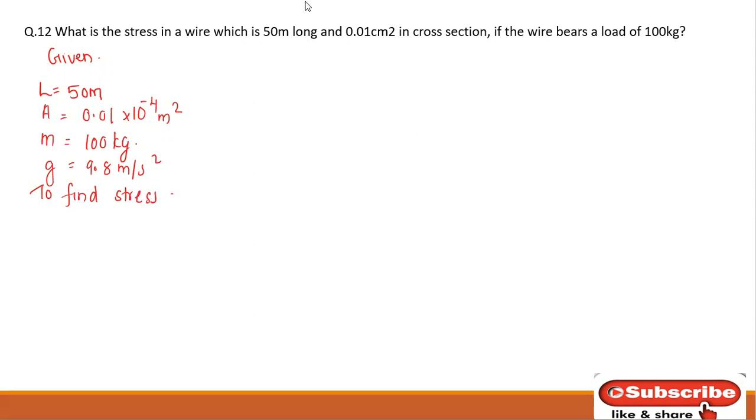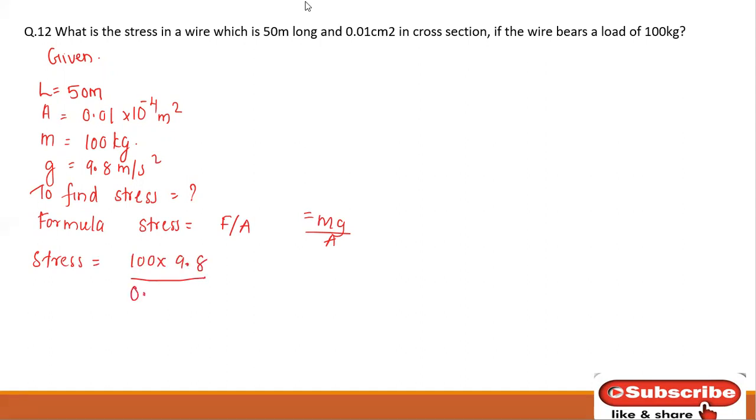To find stress, we know that the formula for stress is equal to force acting on unit area, that is F by A. Okay, F is equal to mg, so stress is equal to mg upon A, that is mg, m is 100, G is 9.8 divided by A. A is 0.01 into 10 raised to minus 4.